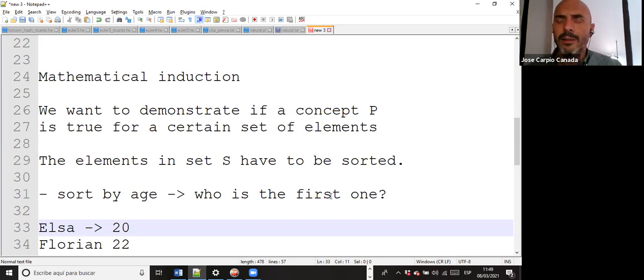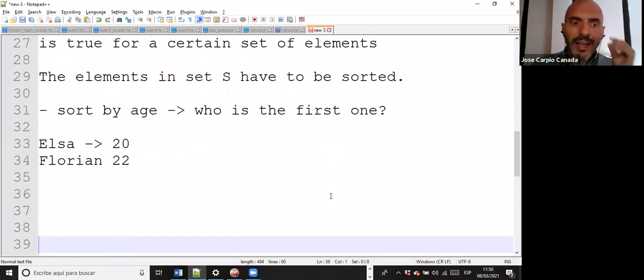So we need that to be able to use the induction principle. If we can do that, we can use induction. The most important thing is that the elements in the set have to be put in order. We have the first one, and someone after this first one, and so on. We need this concept of order in the set, okay? Most important thing.